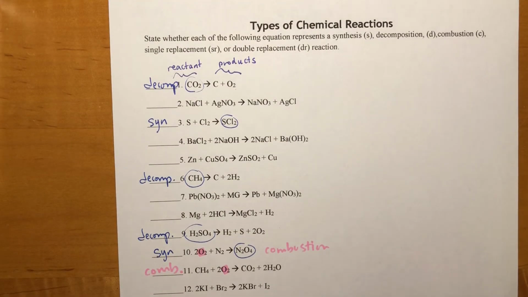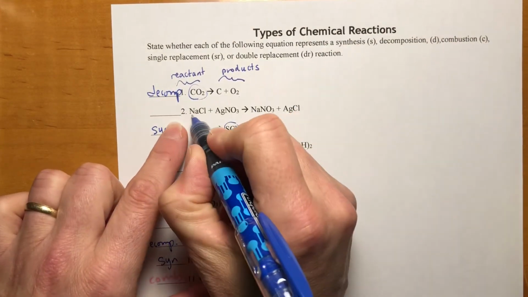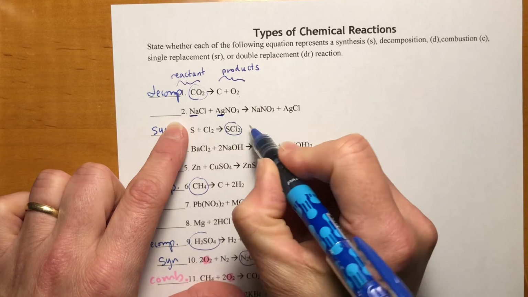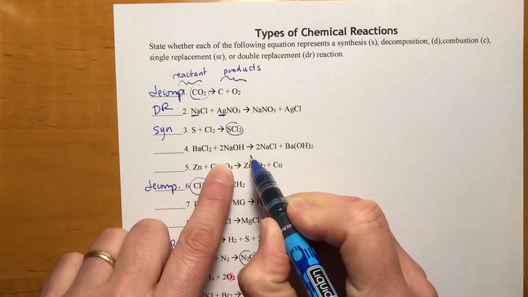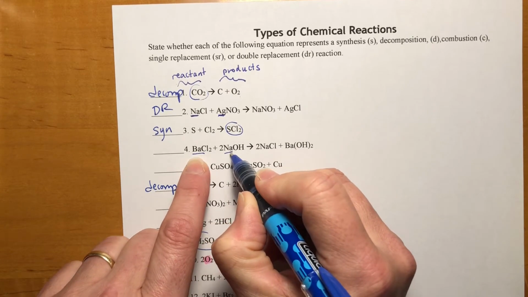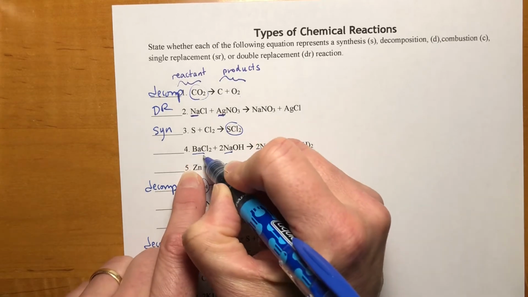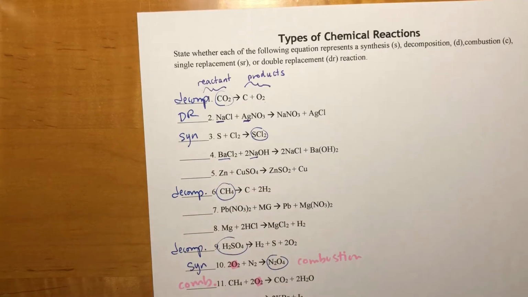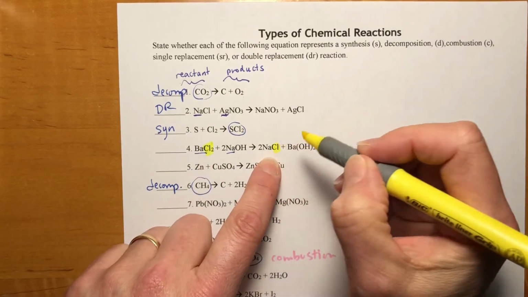All right, so this one's a double replacement, number 2. It's big and ugly looking, and this sodium and this silver switch places. So that's a double replacement. This one's also a double replacement. The barium and the sodium switch places. They change who they're bonded to. The barium was bonded to the chlorine, but now the sodium's bonded to the chlorine.